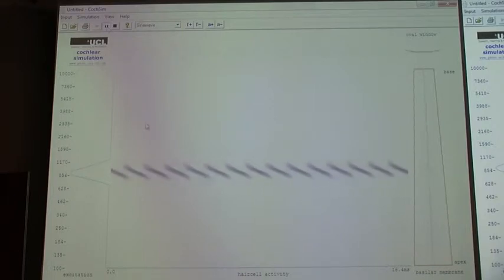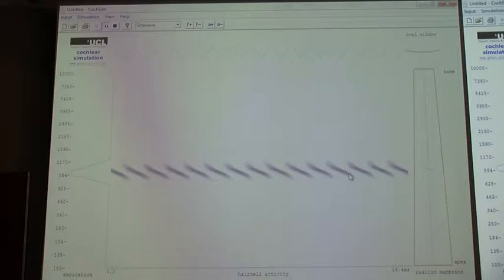Really what's happening is that this sound wave, you can imagine it traveling down here, and it reaches this part of the basilar membrane, and this bit starts to vibrate and fire, and then it travels on a bit further and reaches this bit, and this bit fires, and then it travels on a bit further and this other bit fires. So this slanty line is really representing the speed with which the energy is moving along the basilar membrane.